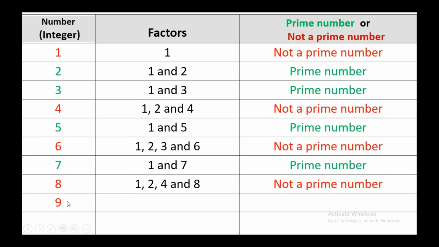Find out the factors of 9, which are 1, 3, and 9. So we can say 9 is not a prime number because it has more than 2 different factors, and the correct definition of a prime number is a number which has 2 different factors only. 9 has 3 different factors, so we can say 9 is not a prime number.